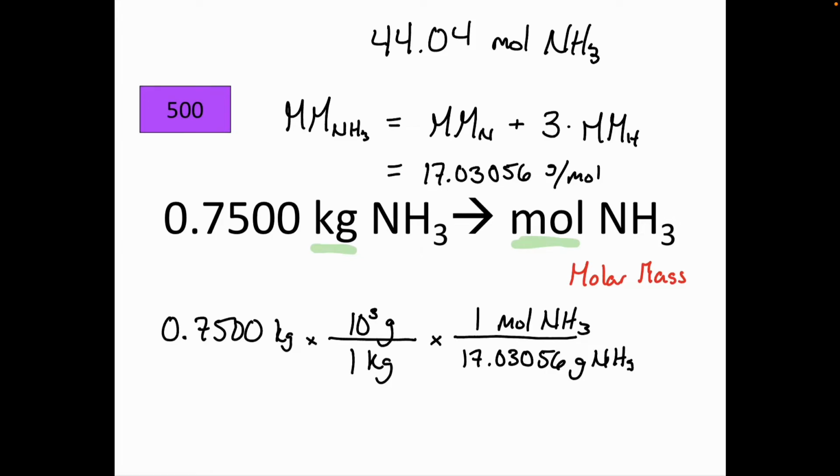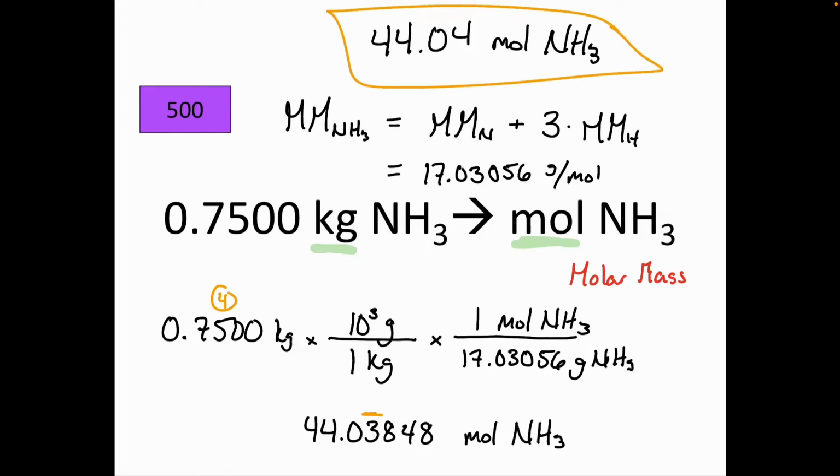So punch that into my calculator. My calculator gives me 44.03848. My units are moles ammonia, and I should have 4 sig figs, which is how I get to my final answer of 44.04 moles of ammonia.